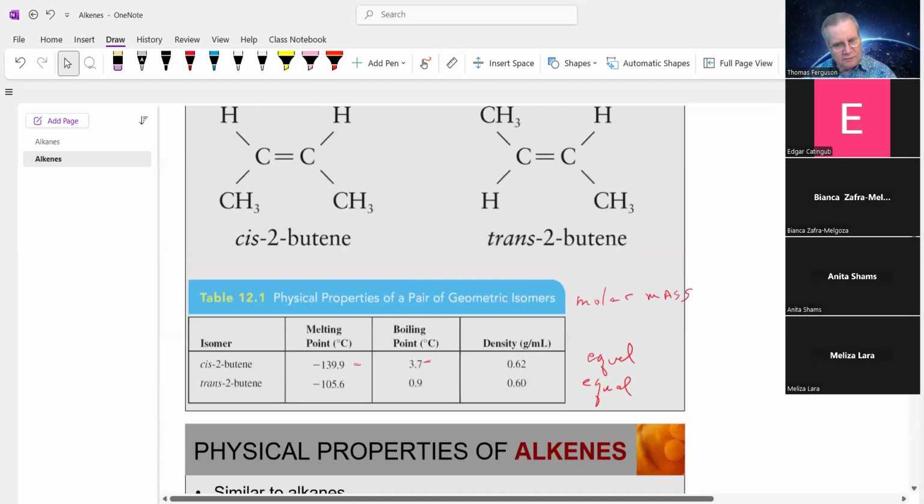The ones that can get closer are the cis's, because their melting point and boiling point are higher, so they're more sticky to one another. They cling to one another more. In the situation with trans, they can't get as close, hence their melting and boiling point is not as high.